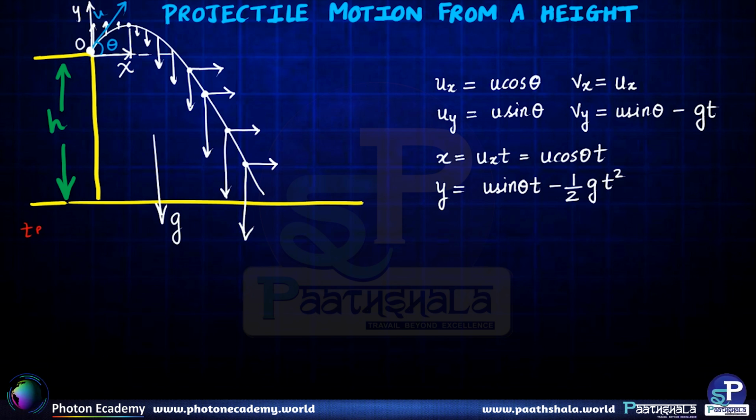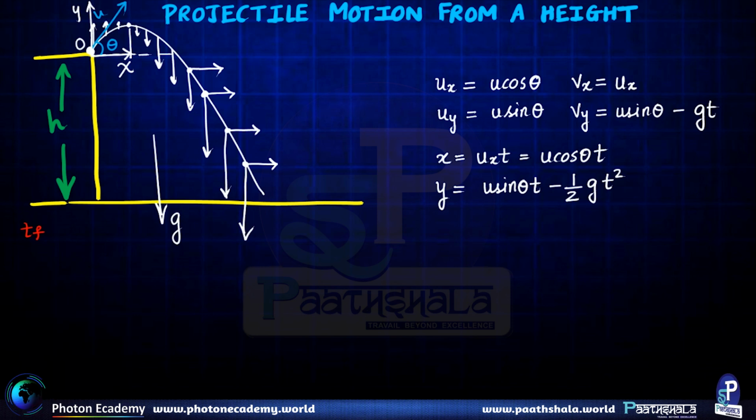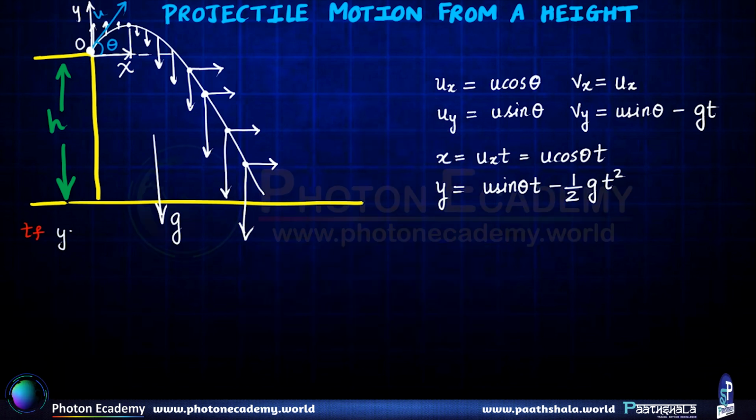Let's say we are finding the time of flight. What is the logic that we'll be using? We'll be using the fact that y is equal to minus h at the time of flight.